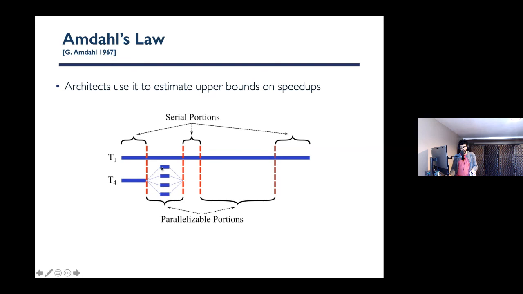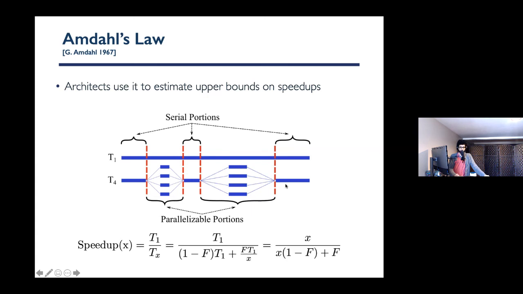Now, for the portion that was parallelizable, now that you have 4 cores, it's going to be shortened by 4. So this is divided by 4. The serial portion doesn't change, and the parallelizable portion just divides by the number of CPUs that I give you.